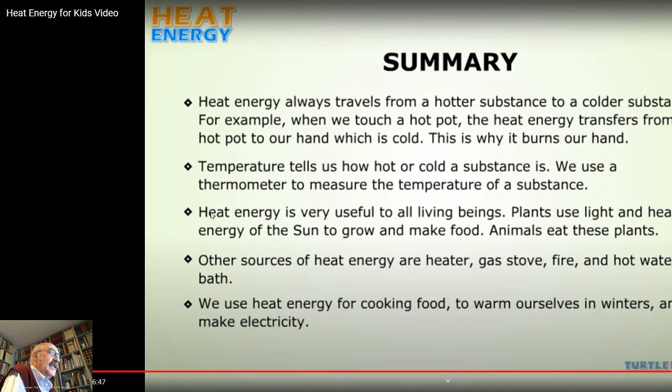Heat energy is useful to all living things. We need the sun to survive. Other sources of heat energy are heater, gas stove, fire, and many others. And we use heat energy for cooking food and to warm ourselves. You know all these things. Very good.